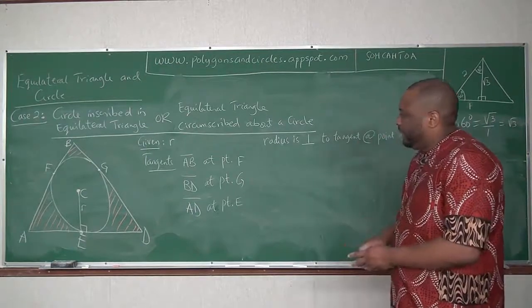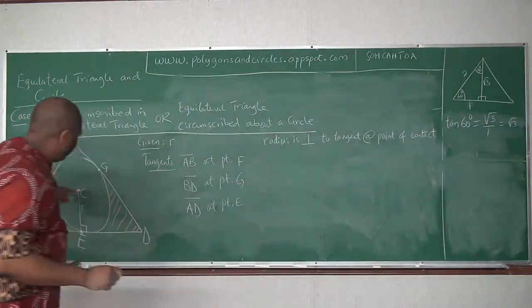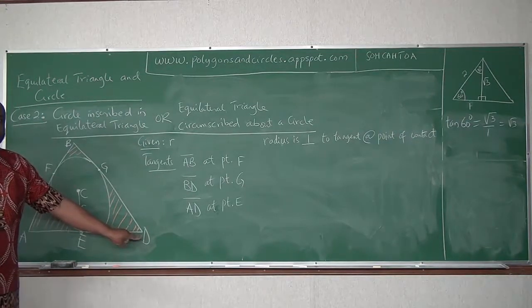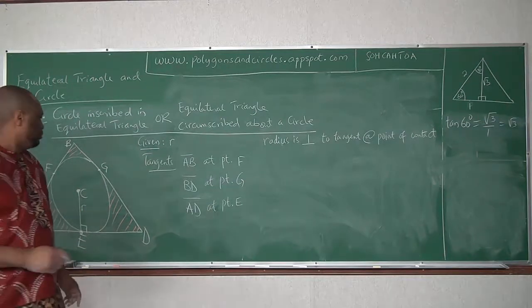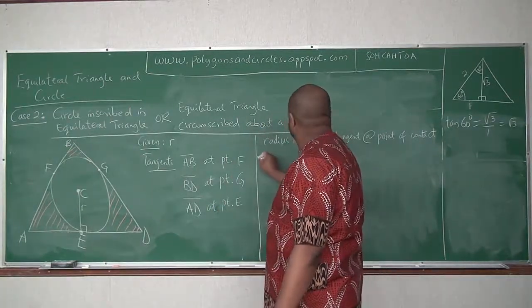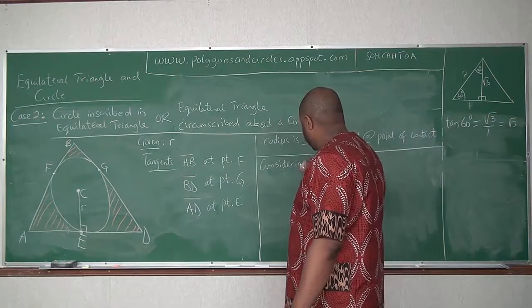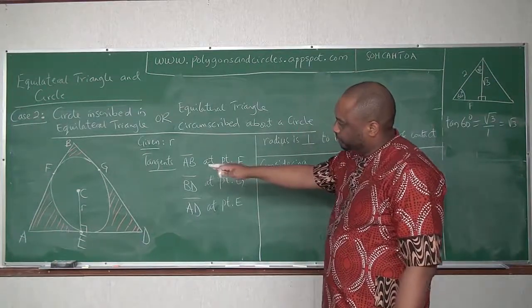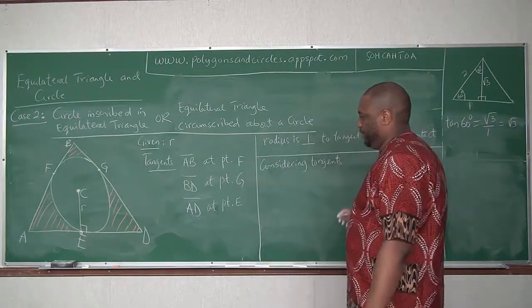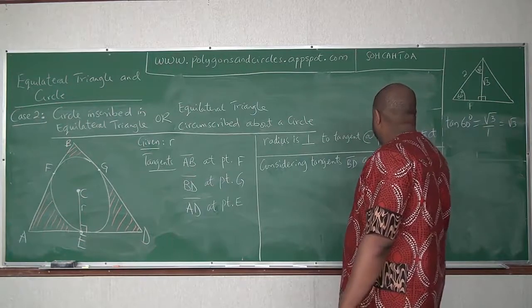An important thing on the theorem of circles, you have that if you have two tangents from the external point D, okay, if we consider tangents BD and AD.